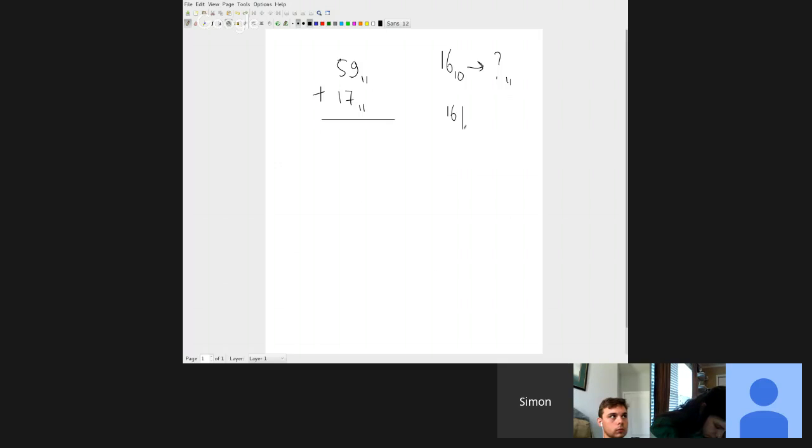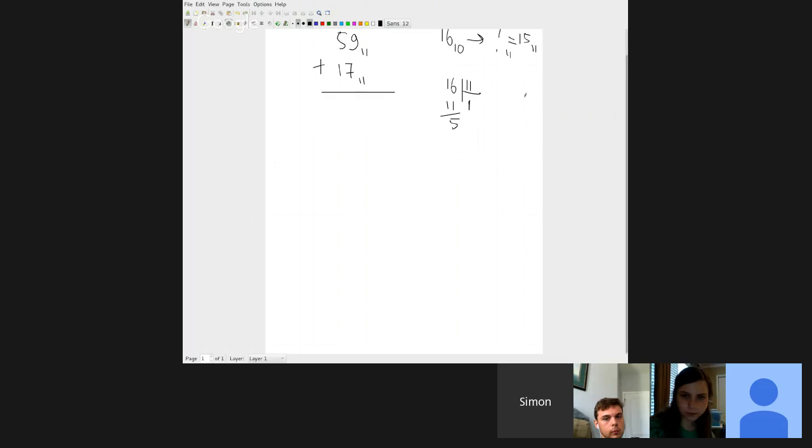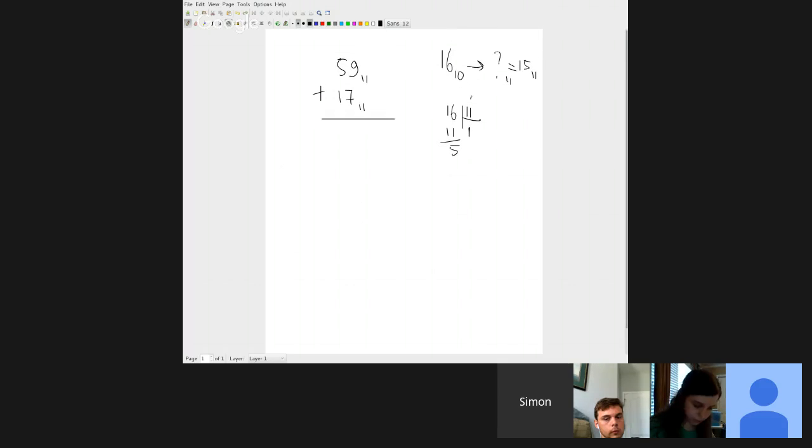So 16 has to be divided by 11. It will be 1, remainder 5. That 1 is already less than the base, so we have to stop our division. And the result will be 15 base 11. So 16 base 10 is 15 base 11.